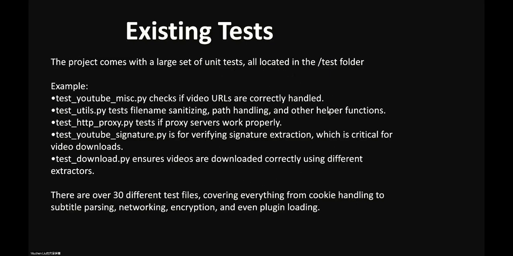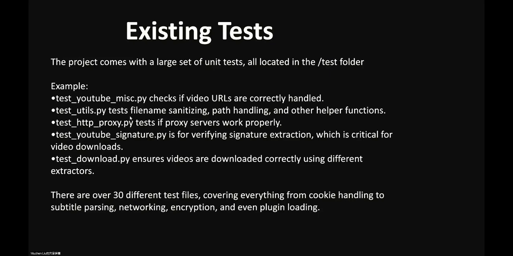Next, I will briefly mention the existing tests that are already included in the yt-dlp project. This project comes with a large set of unit tests, all located in the /test folder. For example, we have test_YouTube.py to check if the video URLs are correctly handled.